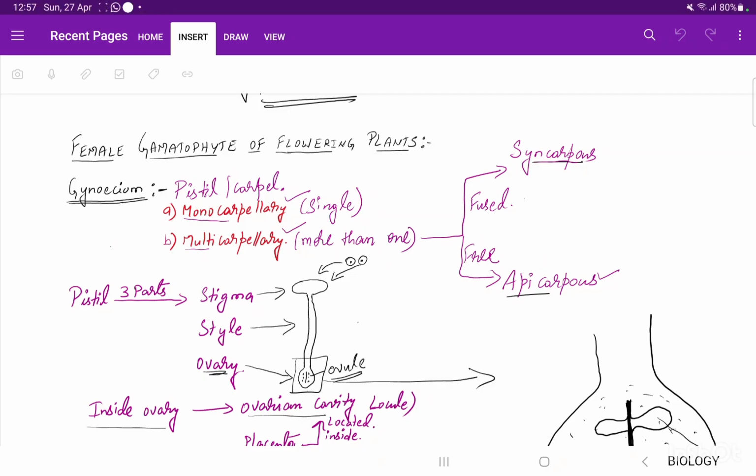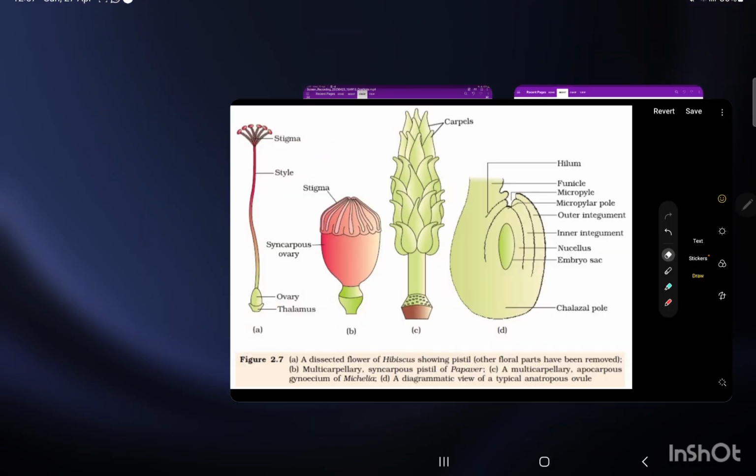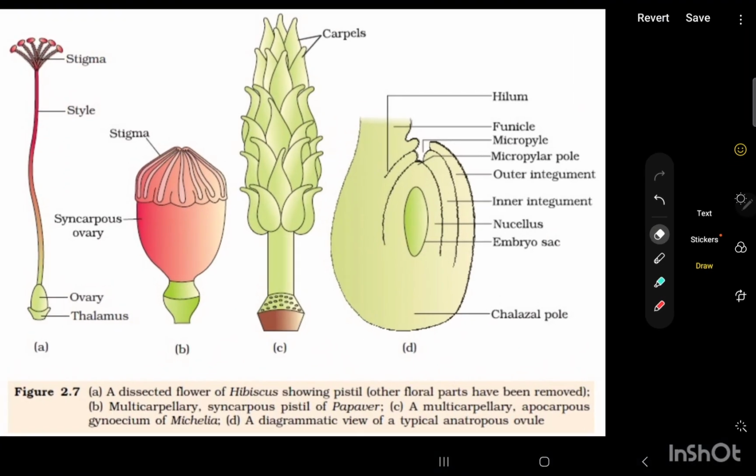We will see how it is shown in NCERT. This is the structure of the pistil, stigma, style and ovary, which is attached to the thalamus. A dissected flower of hibiscus is shown, with the pistil and other floral parts removed.